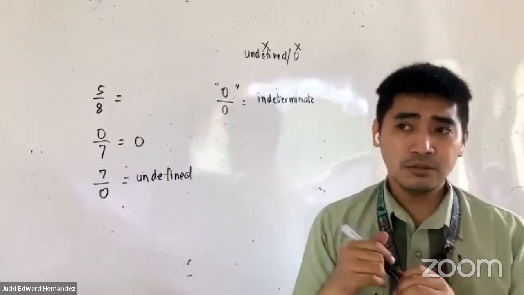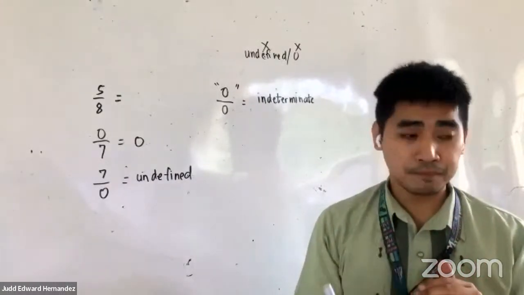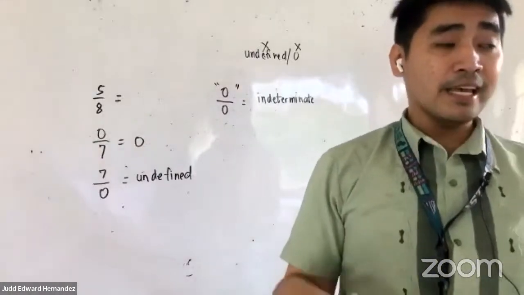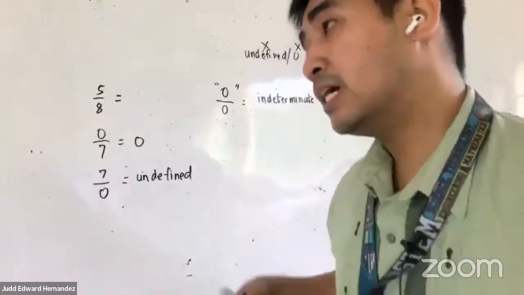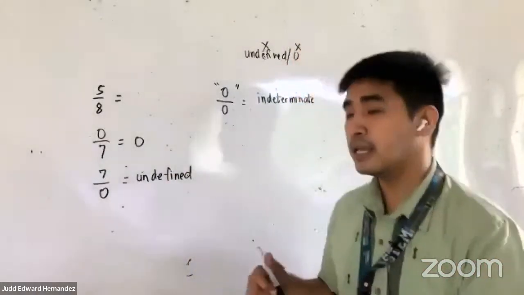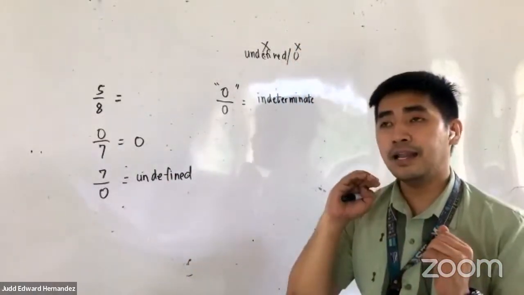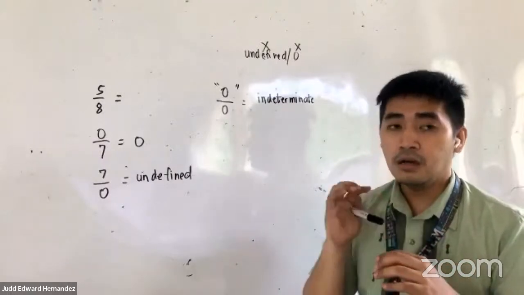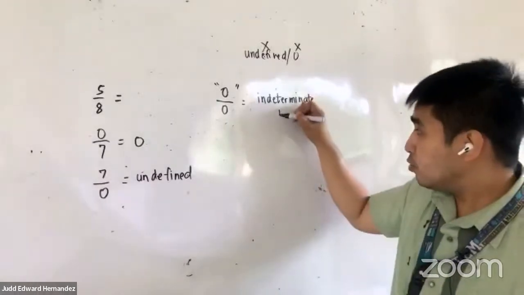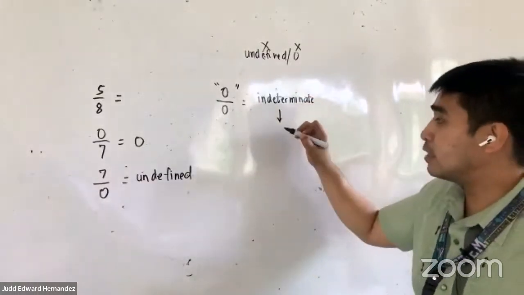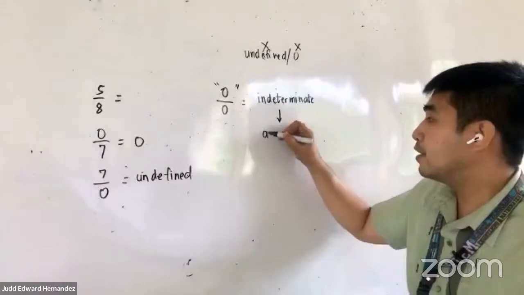So sa tingin nyo, why indeterminate? Indeterminate kasi there is a value but we could not determine. Kaya po siya tinawag na indeterminate kasi there is an end result but we could not determine. That's why if it is indeterminate, we need to look for another solution.